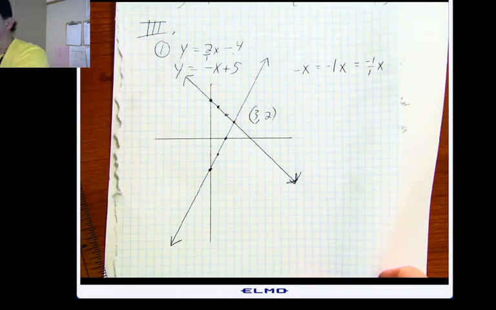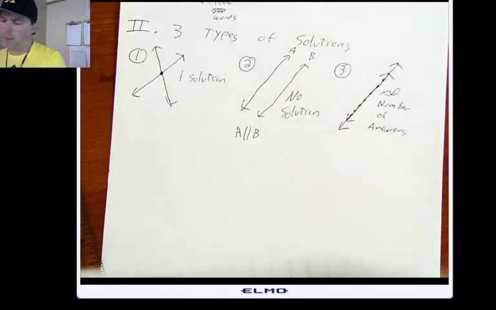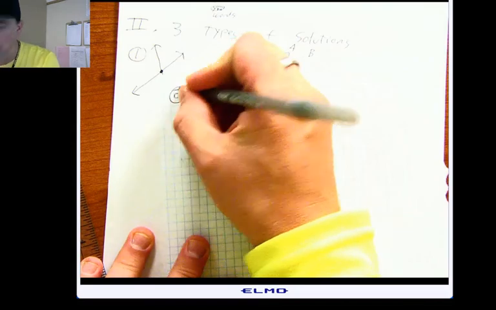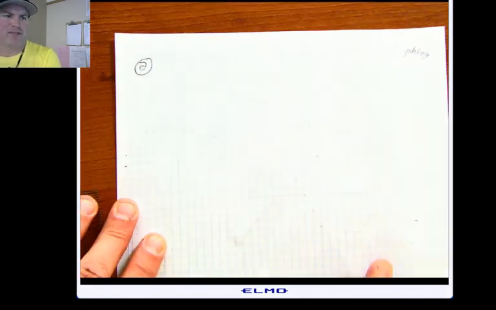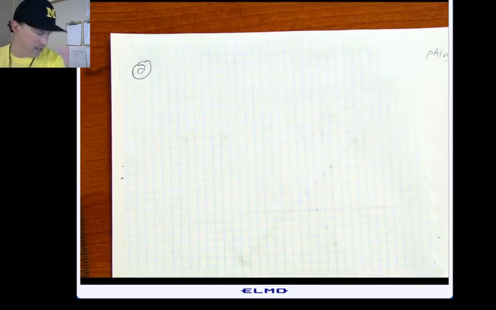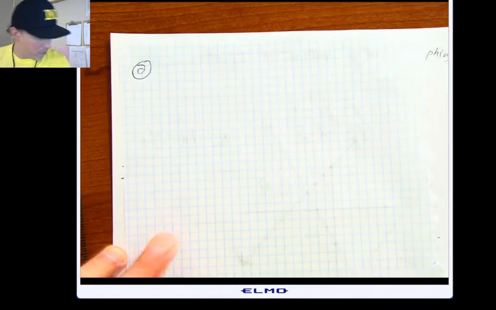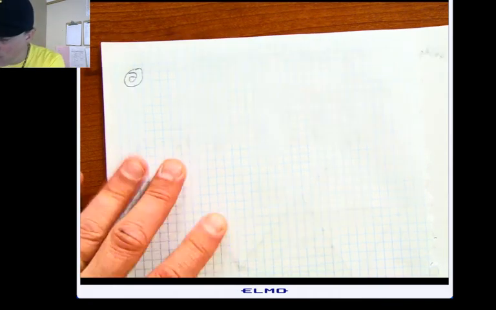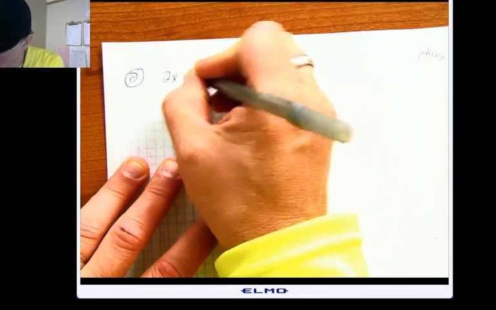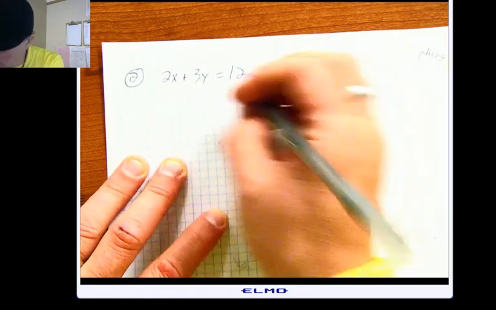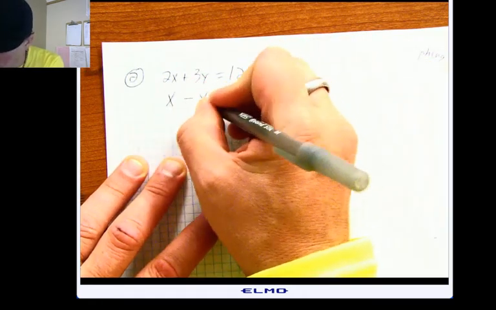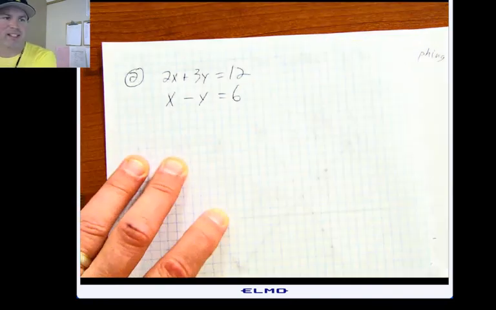Now, for example number 2, I want to show you two different techniques to solve this one. Let me write down the equations first, and you'll see why this one's different. Our first equation is 2x plus 3y equals 12, and the second equation is x minus y equals 6.